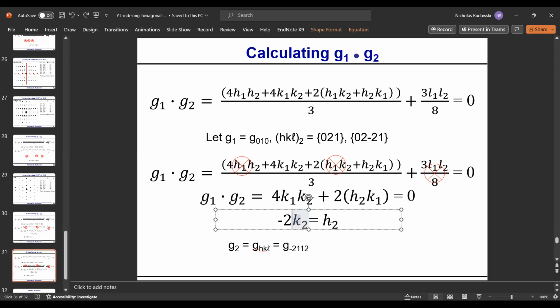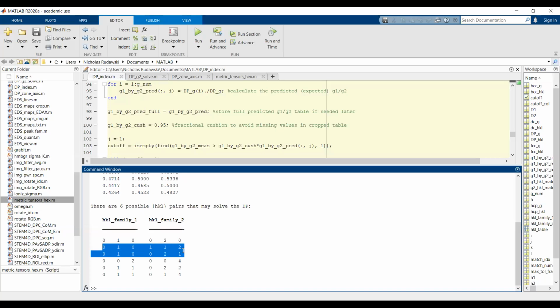So there's really no way for this to work. In order for this to work, I would have had to have opposite K2 equals H2, and I don't. So we, again, mathematically can rule this guy out. So this most likely is going to be our solution.